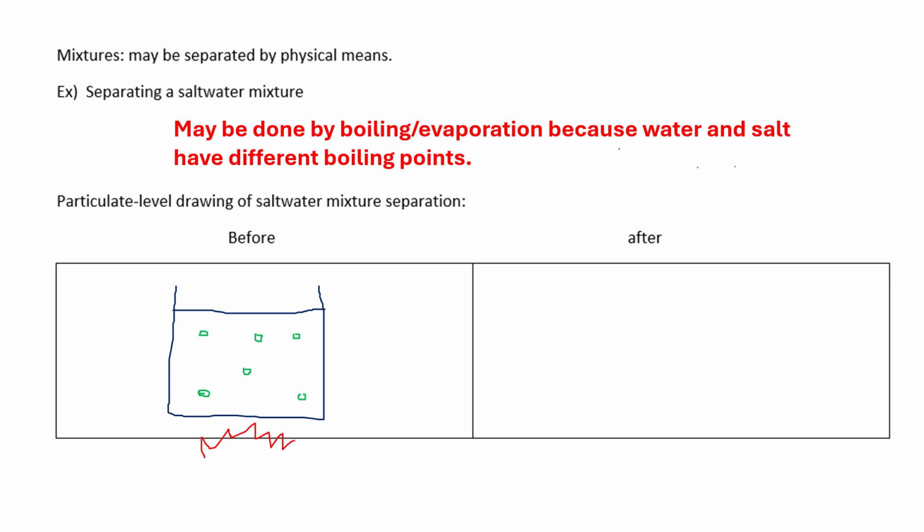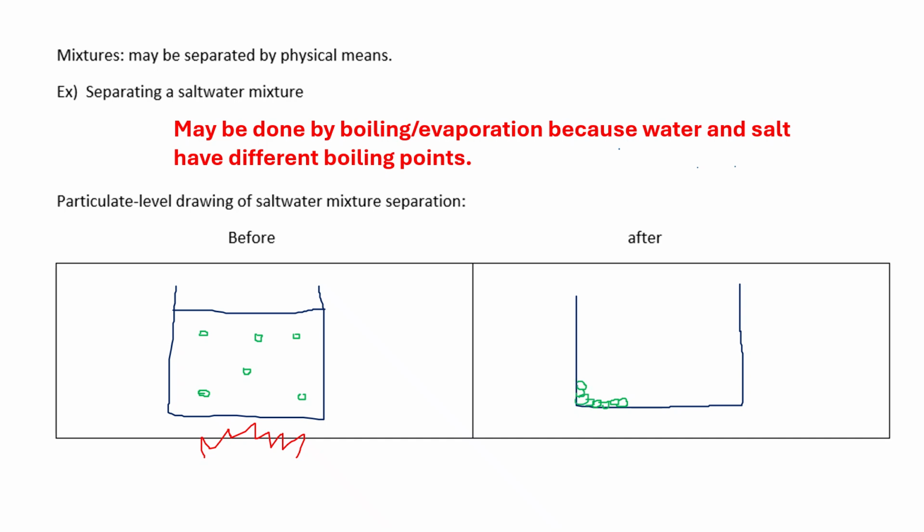And then, of course, you apply a little heat. Put this on a Bunsen burner flame or a hot plate or something. And then maybe you walk away for a little bit. That wouldn't be too safe. But if you did and you came back a little bit later, you would notice that those salt crystals would have gathered up together at the bottom of the beaker. Maybe some of them stuck to the sides of the beaker.